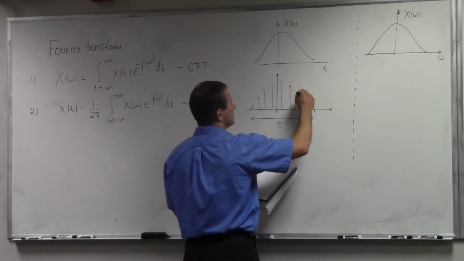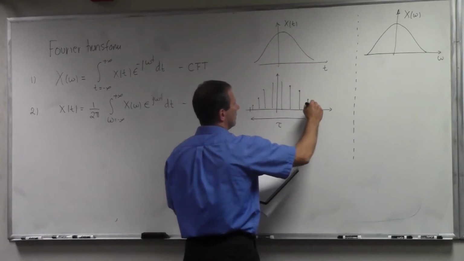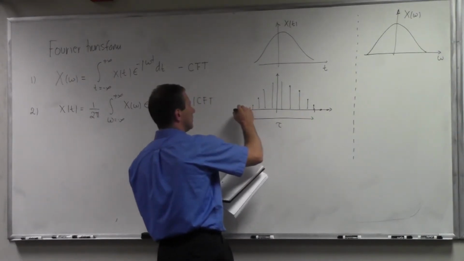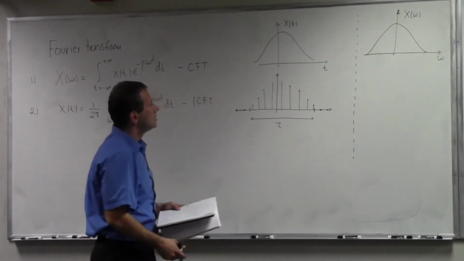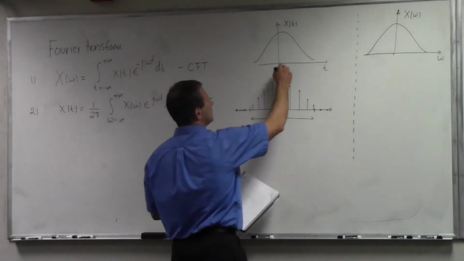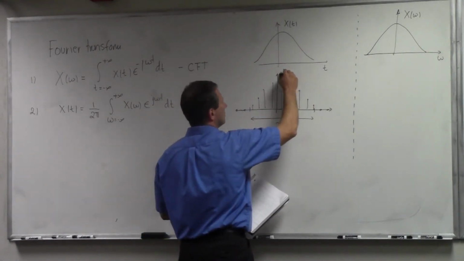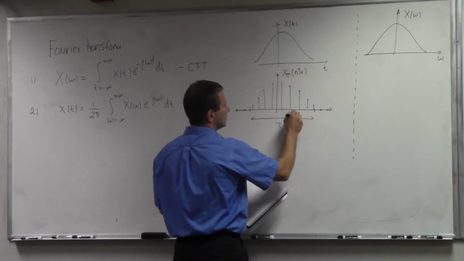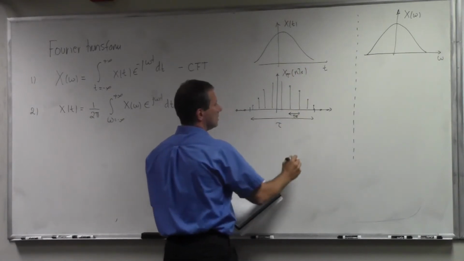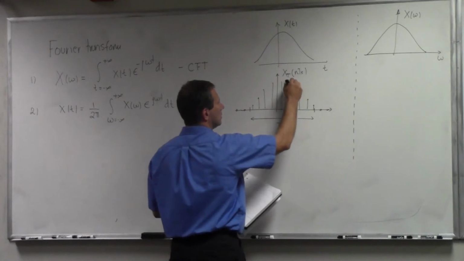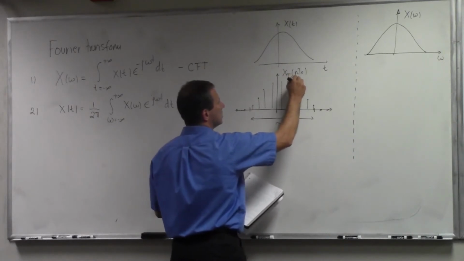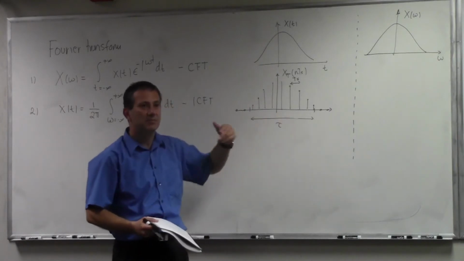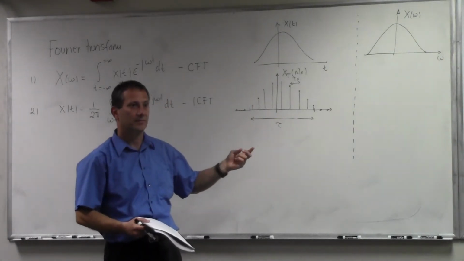And then samples here, I'm going to assume are equal to 0. So this is my x truncated of nTs. Ts is this sampling interval here, which I know has to be smaller than 1 over 2 times the bandwidth of the signal.